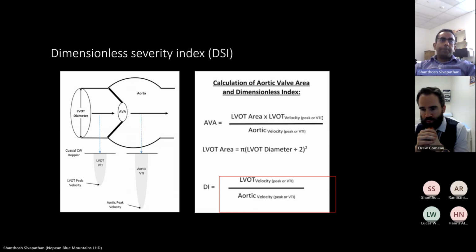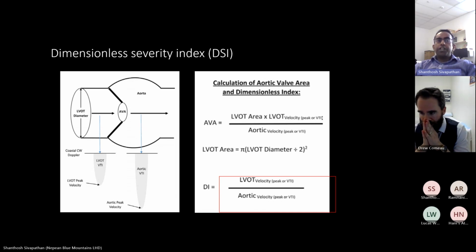And so because of that error in terms of measurement, you can get variations in your aortic valve area measurements. So by removing the cross-sectional issue, we can just focus on what the dimensionless index is, which is looking at the LVOT VTI over the aortic valve VTI, and we get what's called a dimensionless index.